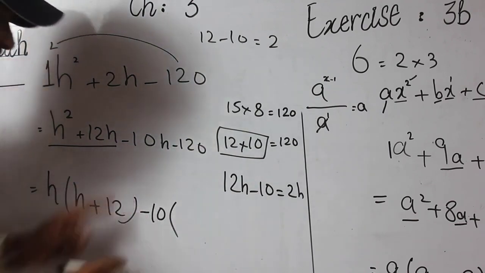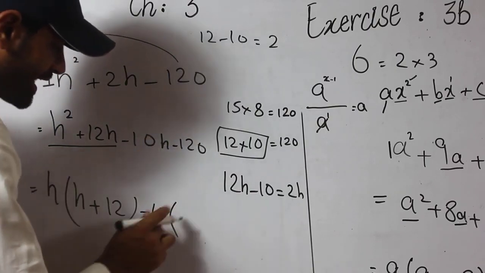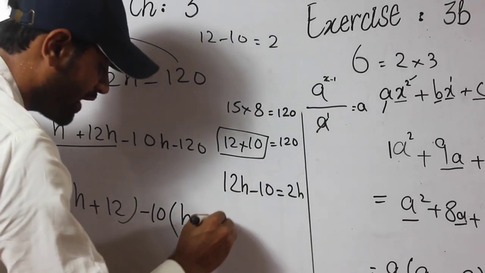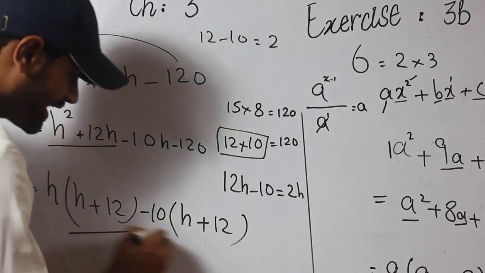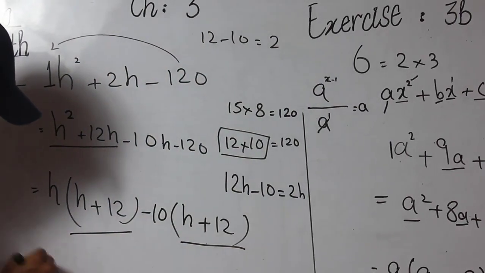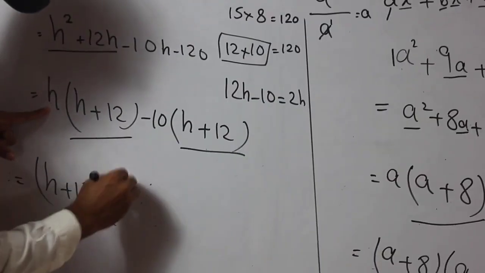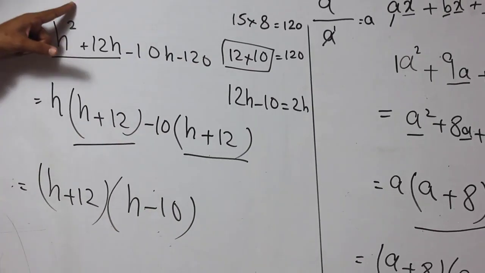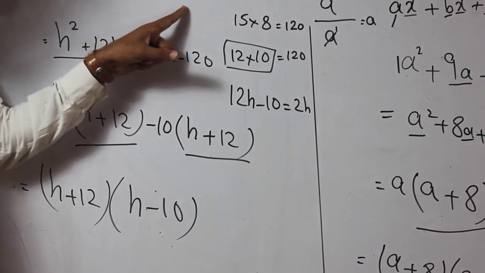Minus with minus is plus, 10 divided by 10, we get only a. Minus minus again plus, and 10 twelves are 120. So again we get the same factor. Take common a plus 12. So here a remains and here minus 10. So these are the factors of a² plus 2a minus 120.